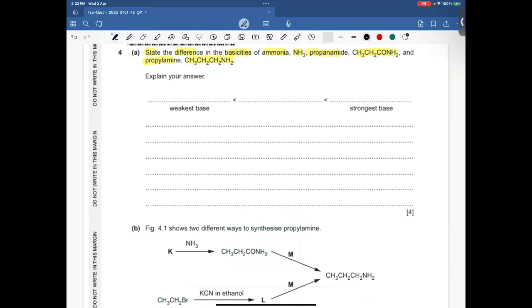So the strongest base is propylamine, and the weakest base is propanamide. By the way, all amides are neutral, all right? That's what we have discussed in the theory classes.